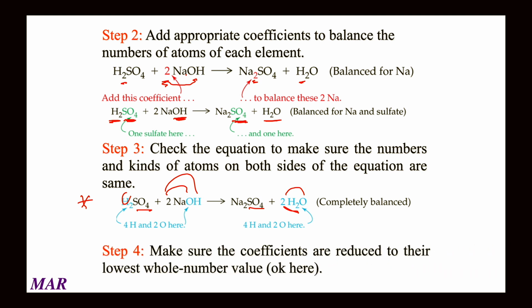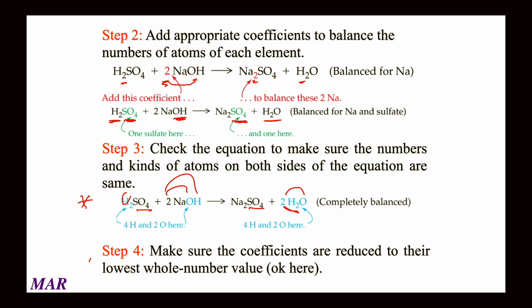I'm going to put up one more little warning. Right now, we have like a 1, 2, 1, 2, if you look at the coefficients. So like 1 sulfuric acid, 2 sodium hydroxides, 1 sodium sulfate, and 2 waters. This reaction would also be balanced if you had a 2-4, 2-4 ratio. 2 sulfuric acids and 4 sodium hydroxides makes 2 sodium sulfate and 4 waters.